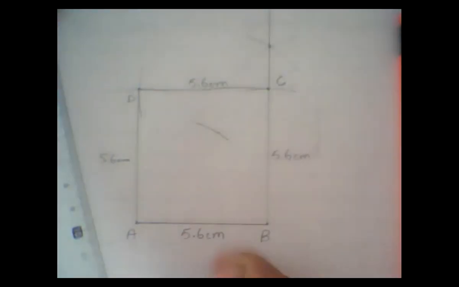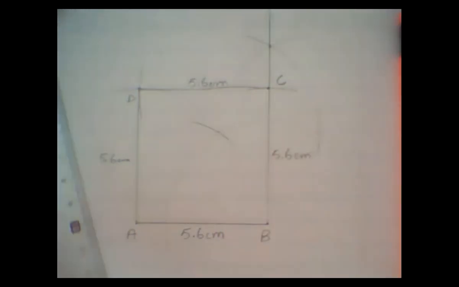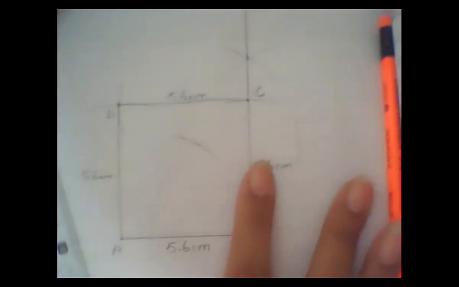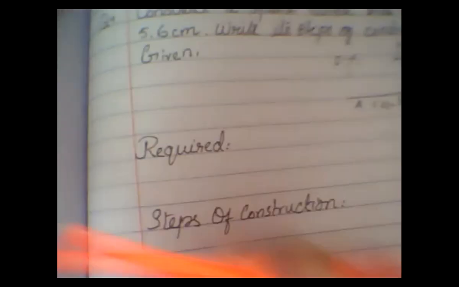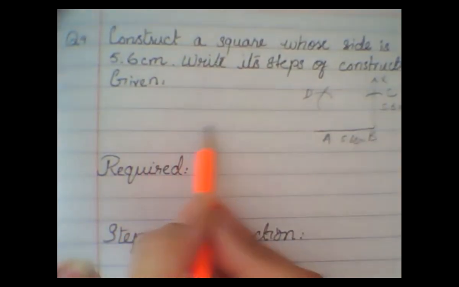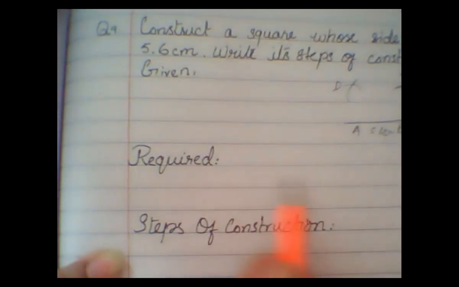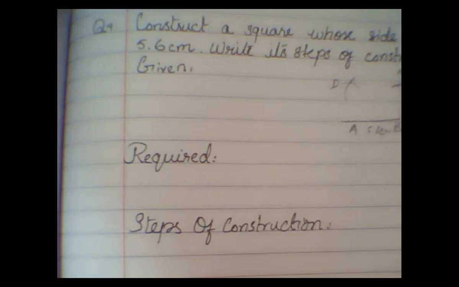If I join AC and BD, their diagonals are congruent, they bisect each other, and they are perpendicular to each other. Is it clear? Now, in the same way, you can write down, it's given that in square ABCD, measurement AB is equal to 5.6 centimeter. What is required, you can write down: to construct a square ABCD. And the steps of construction we have already discussed by constructing the square.